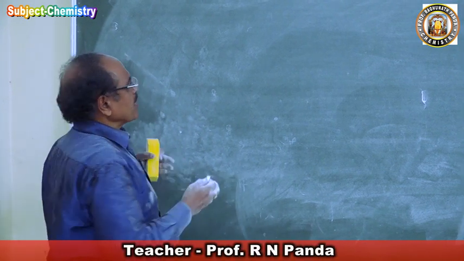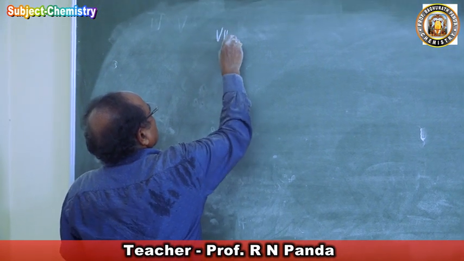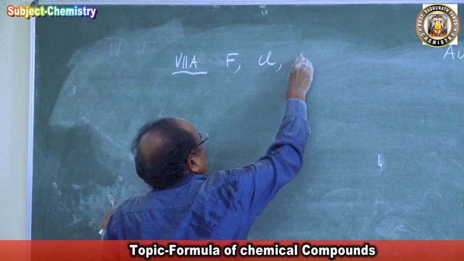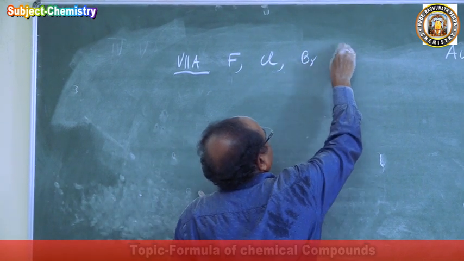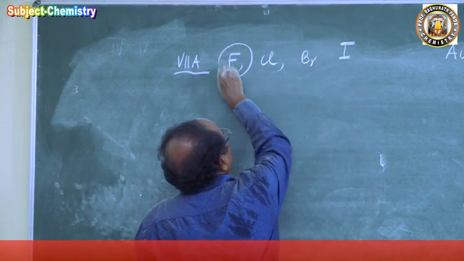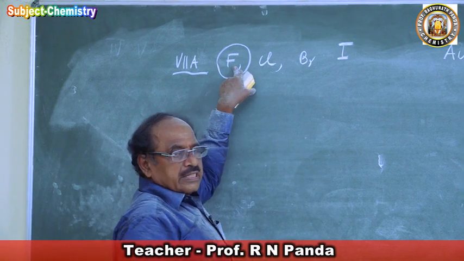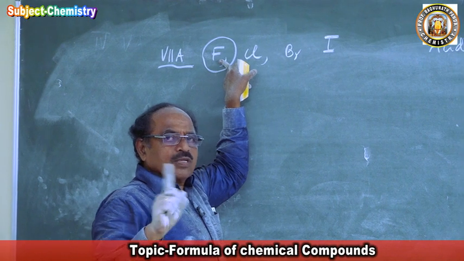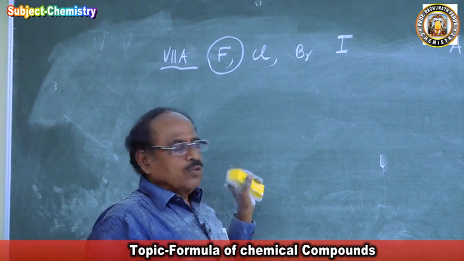Now let's come to group 7. Group 7A elements, we have fluorine, chlorine, bromine, iodine. So fluorine will not form oxyacid. I told you, fluorine is more electronegative than oxygen. So fluorine will not form oxyacid. Who will form?